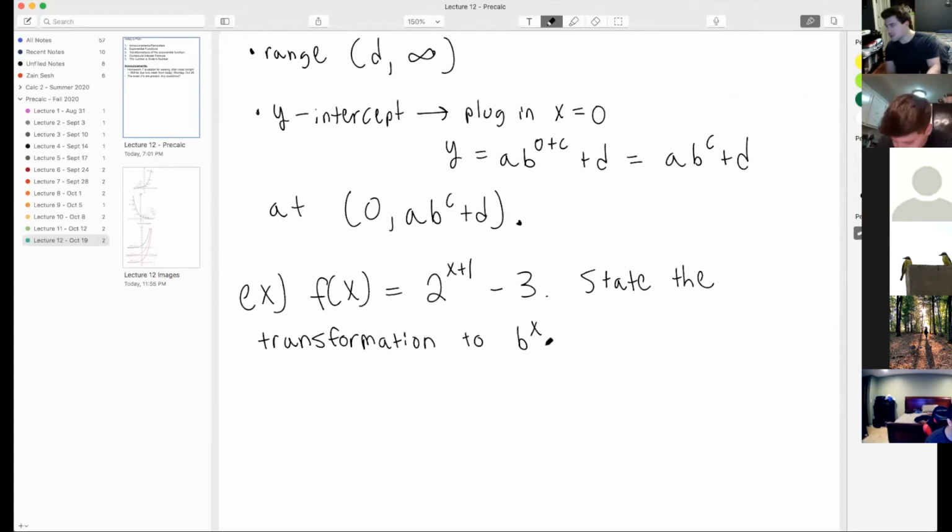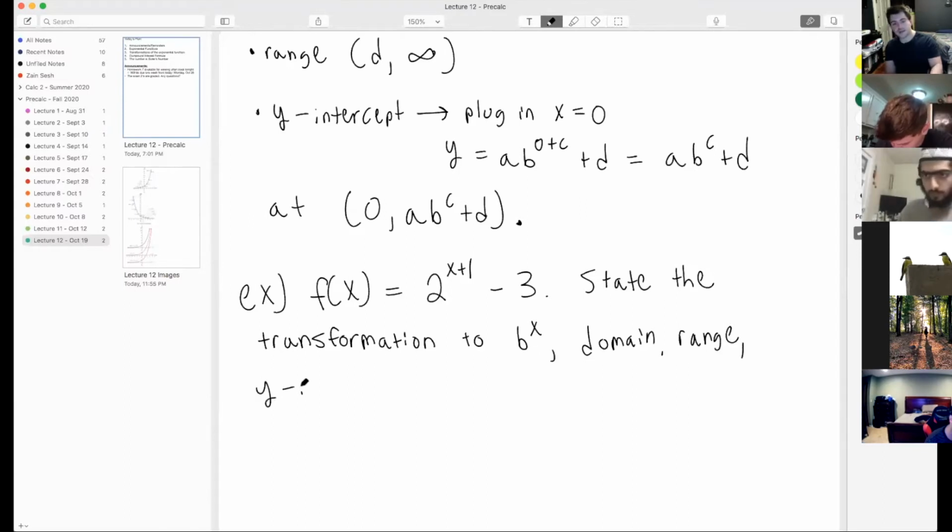So what's being applied? Give me the domain, range, y-intercept, and horizontal asymptote.